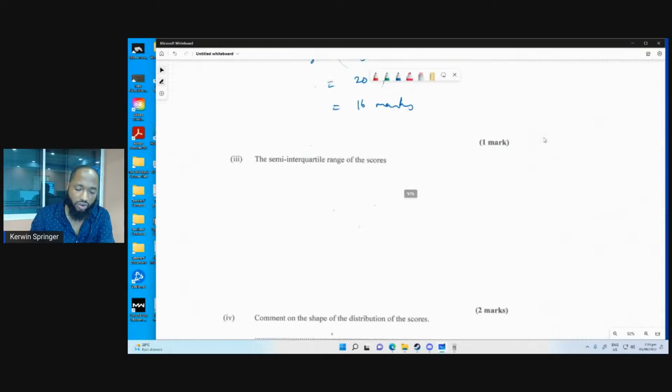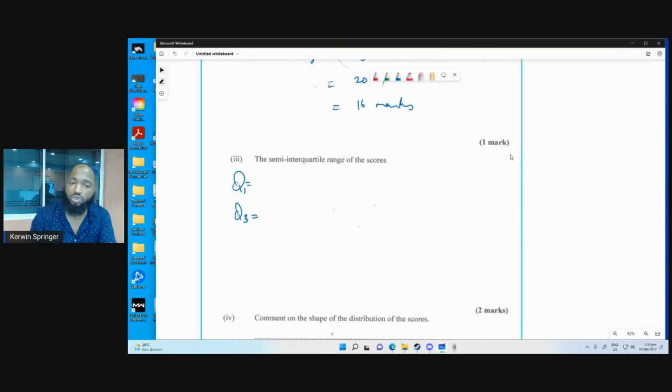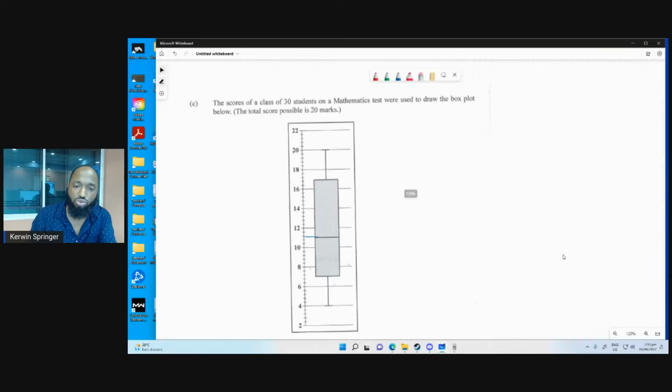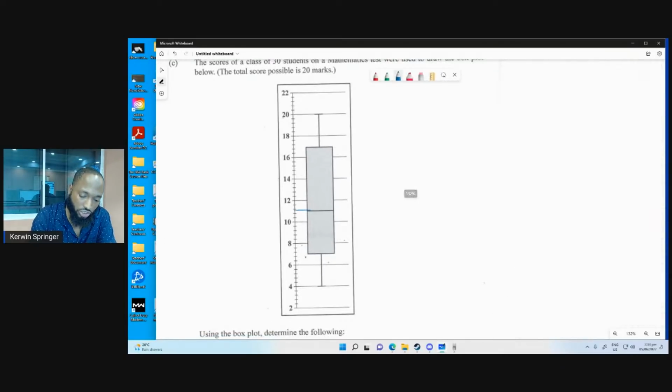For the interquartile range and semi-interquartile range, we need Q1 and Q3. So let's find out what they are. Q1 is 7. Q3 is 17.